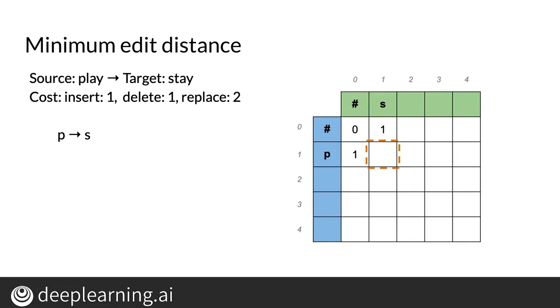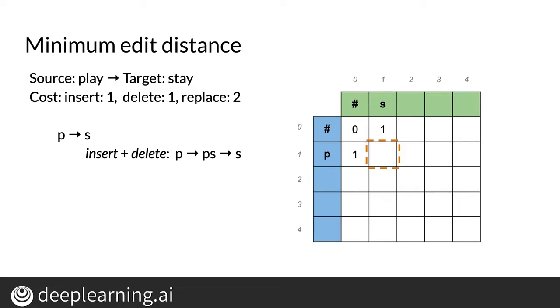Now look at P to S. There is more than one possible way to make this transformation. Each possible sequence of edits is known as a path. Starting with P, you can insert S on the end to get PS. Then delete P from the beginning to get S. This has a cost of 1 insert and 1 delete.